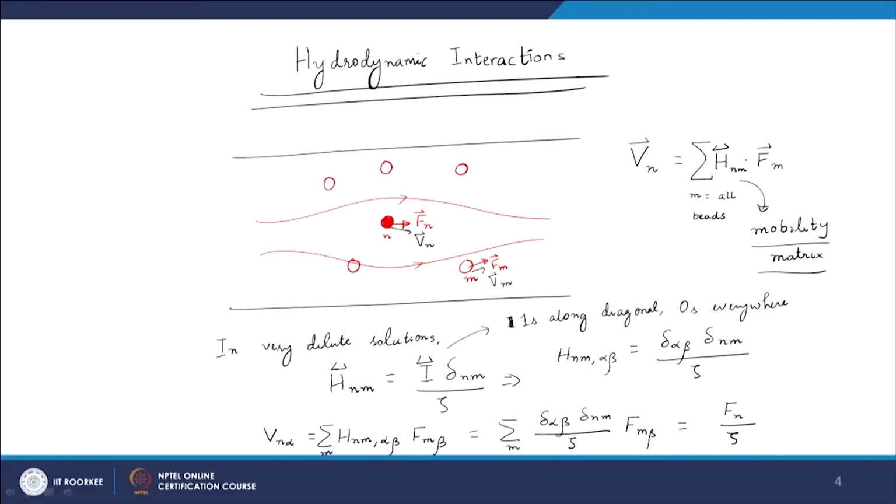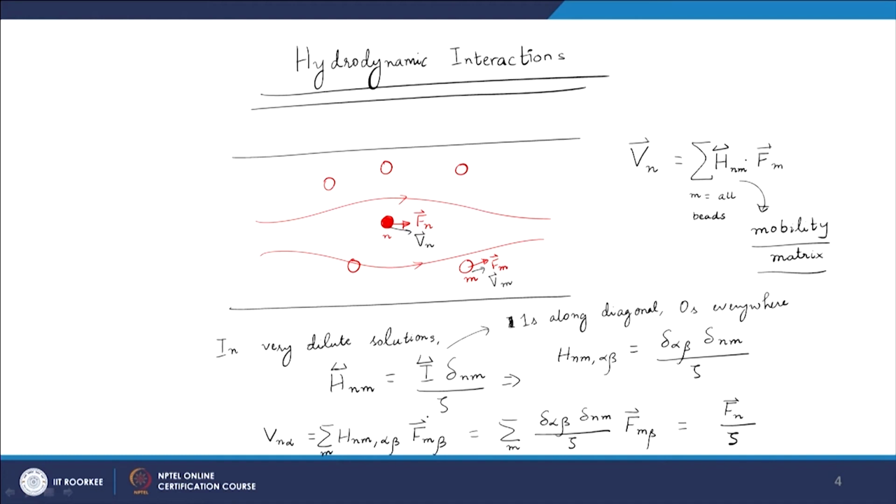So, what we get is essentially simply F n by zeta, which is similar to the expression that we have used to discuss the Brownian motion of a free particle.